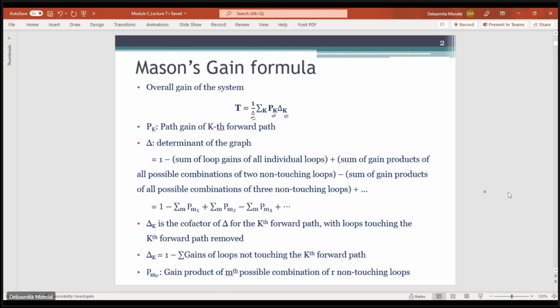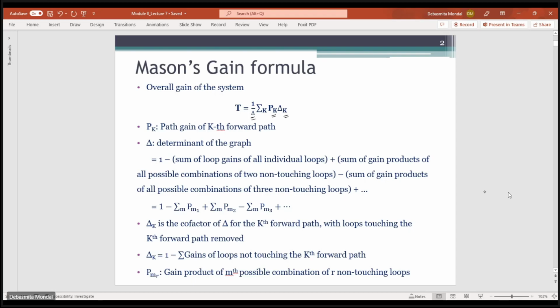Here the value of delta is given by 1 minus the sum of all the loop gains of individual loops. We have found the gains of individual loops, so this step is done. Then we have found the sum of the gain products of all possible combinations of two non-touching loops. In this signal flow graph there are only two combinations of two non-touching loops.